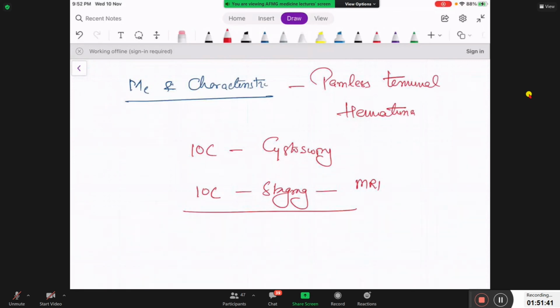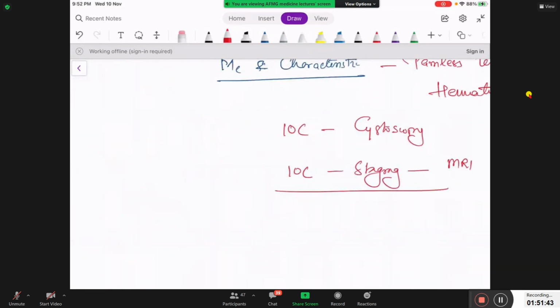If T2 is muscle invasion, just remember this, submucosal invasion and mucosal invasion of the bladder wall will come in T1.